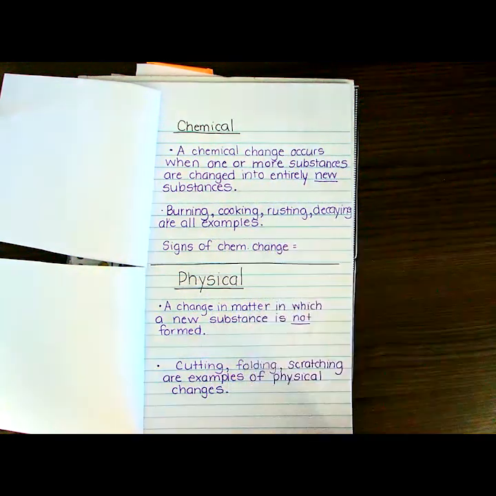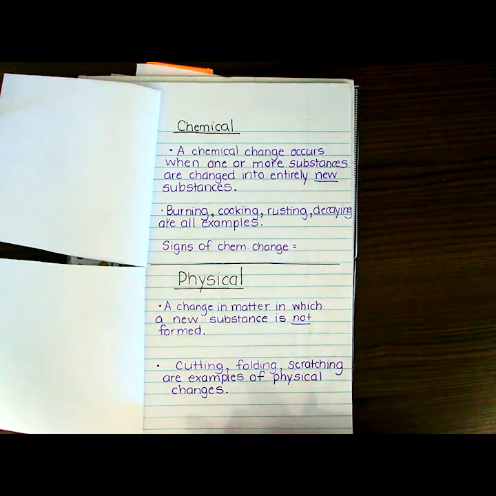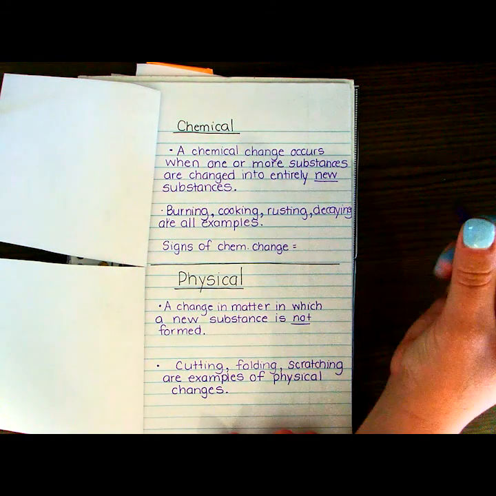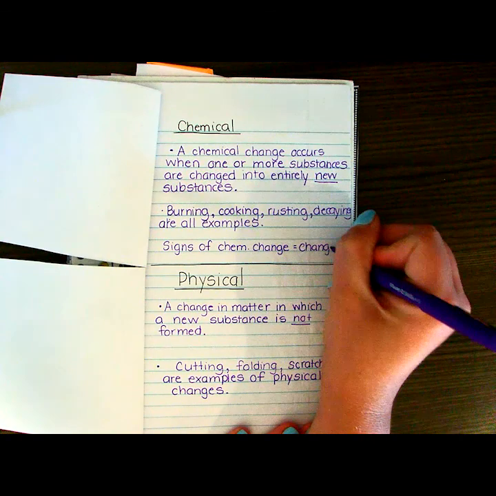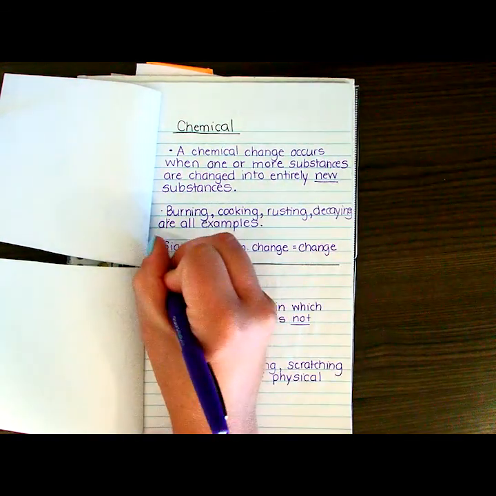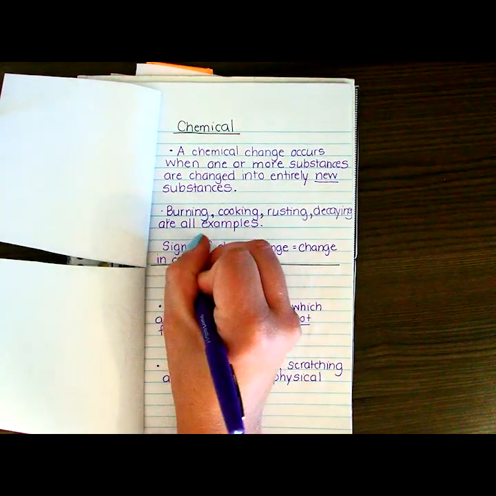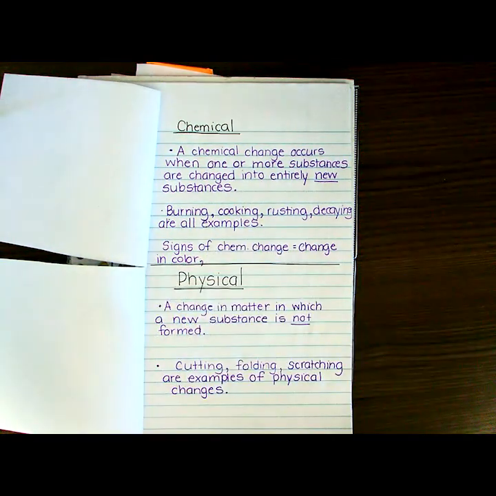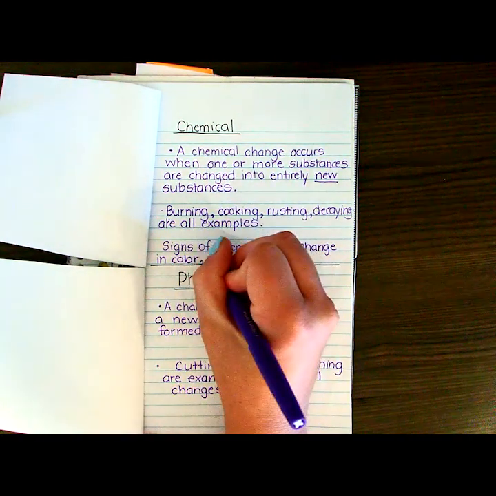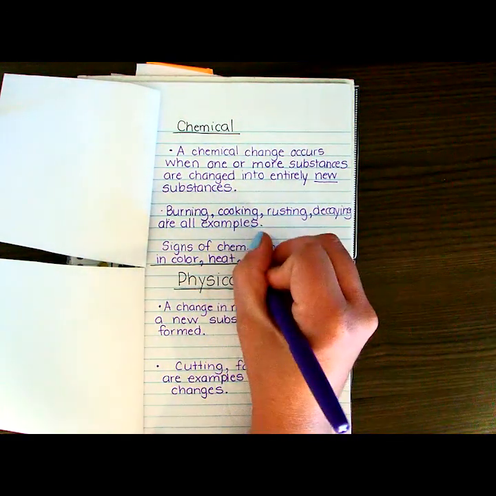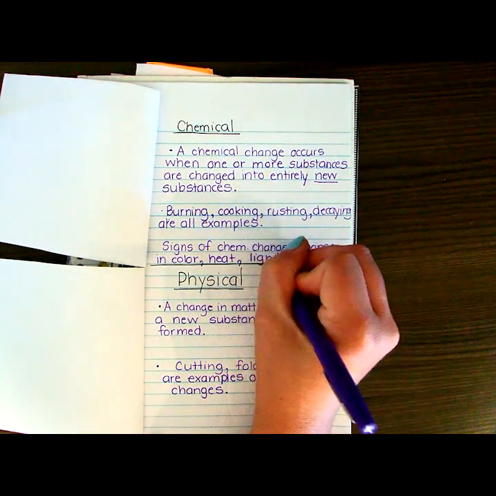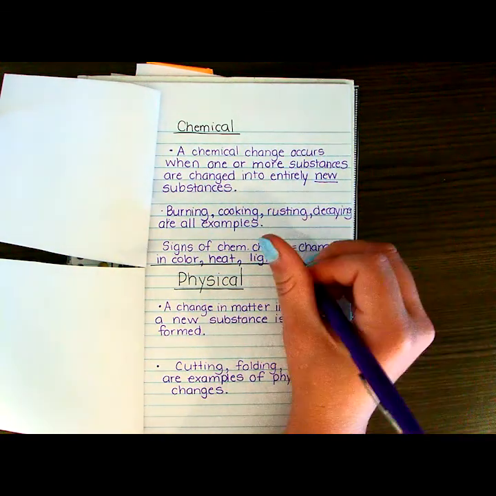Some things that scientists typically look for: a change in color, heat, so a change in heat or heat being produced, light, or smoke.